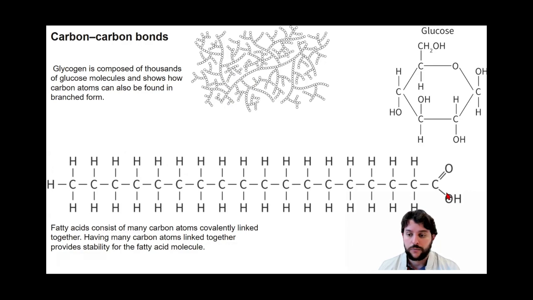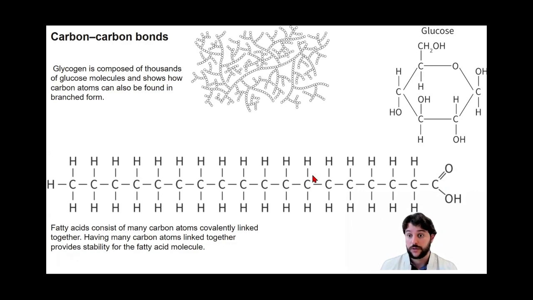So this molecule is also polar, it has polarity. And down here we have a typical saturated fatty acid. We can see the saturations in the bonds. We have several single bonds between the carbons, and in each one of these bonds you have a lot of energy that can be oxidized by oxidative reactions in the mitochondria. We also have our carboxyl group here at the end.